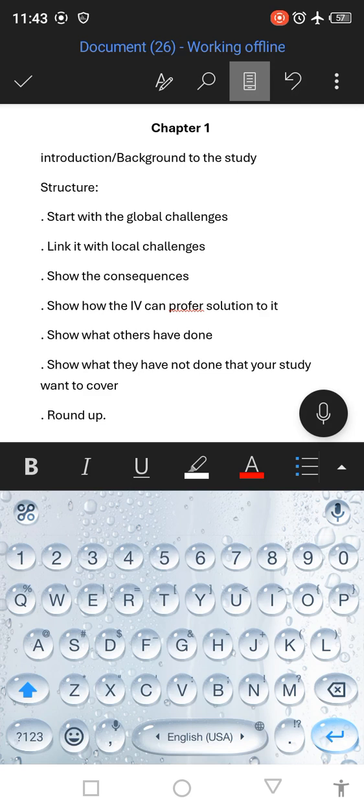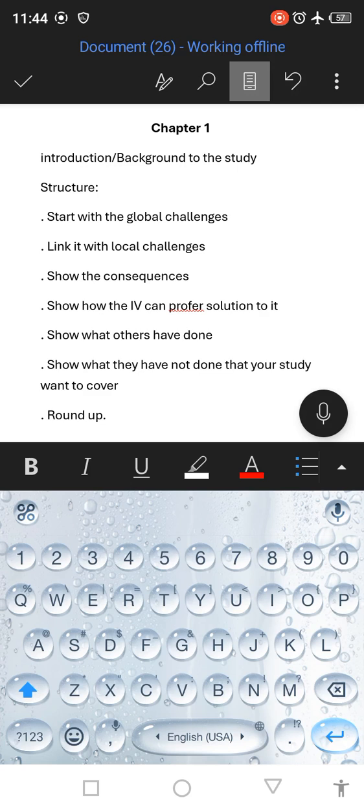So while writing your introduction or background to the study, start with the global challenges that center on your dependent variable. It is very, very important. And starting with the global challenges, this is going to take up your paragraph 1.